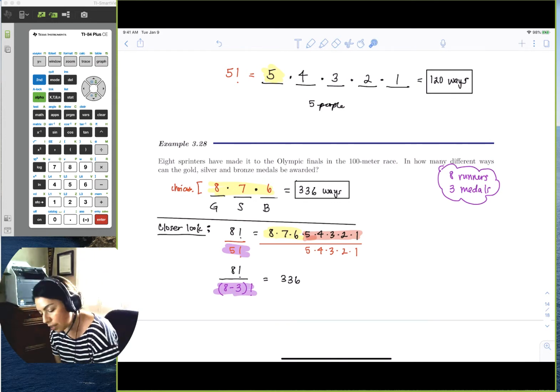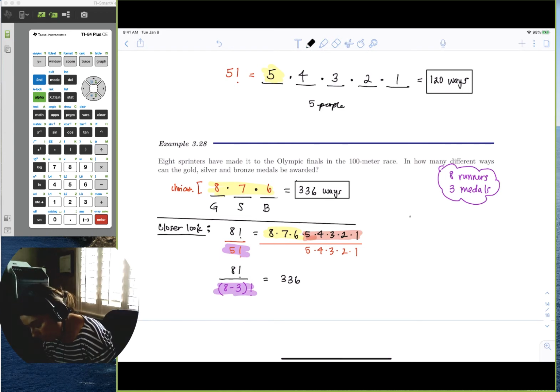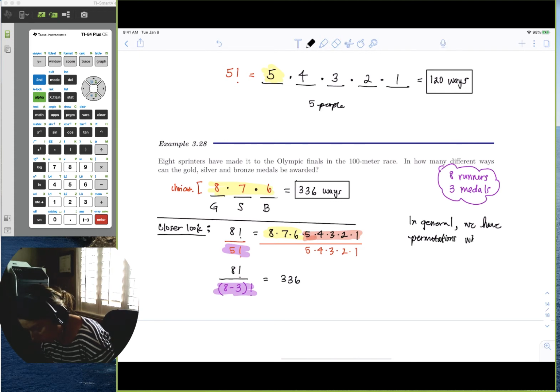So in general, we have permutations where order matters, right? And then without replacement, because we don't replace the medals.